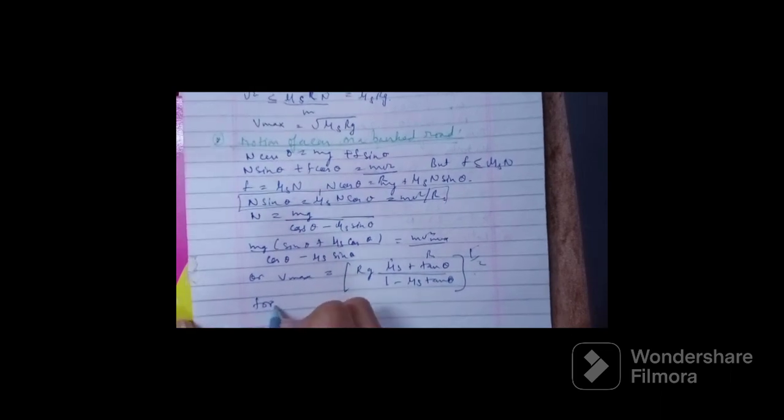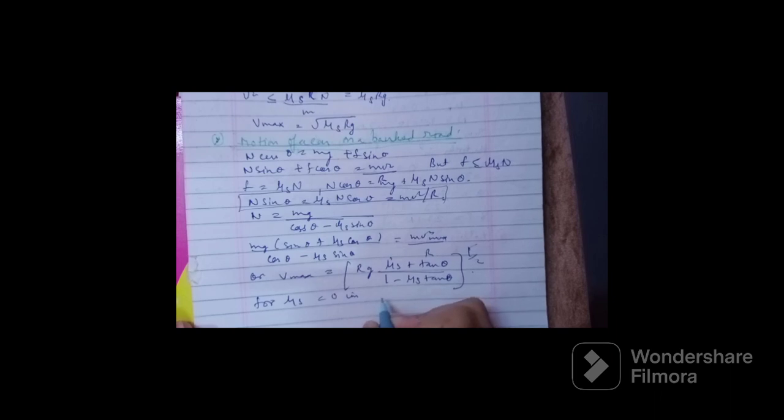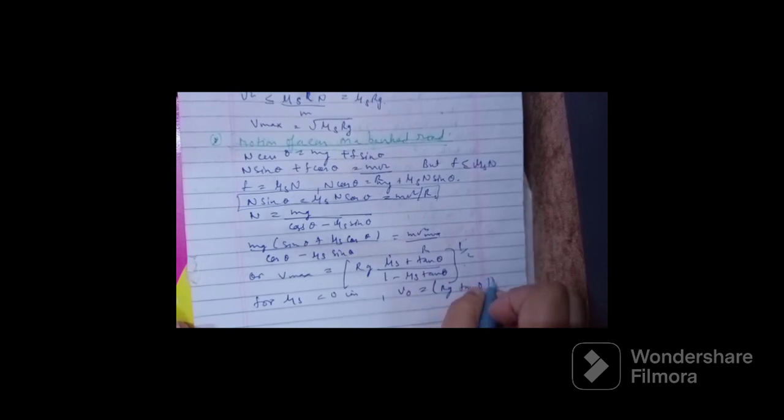So for mu s equals 0 in this equation, we get v0 equals root of rg tan theta.